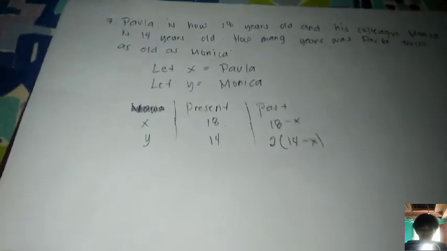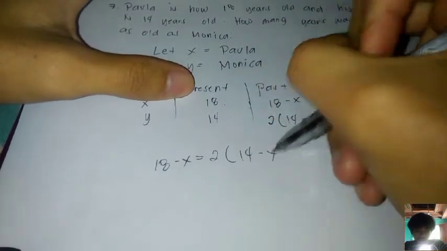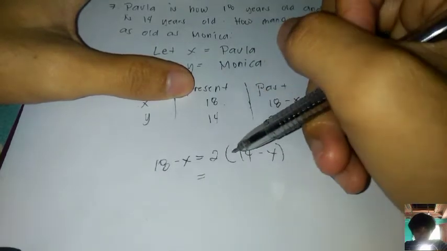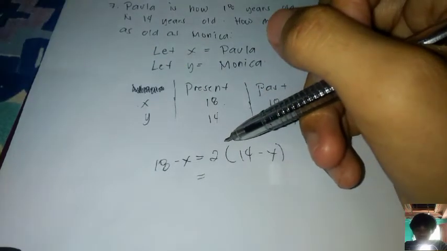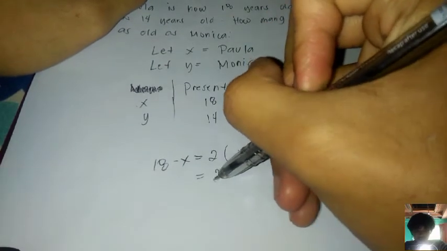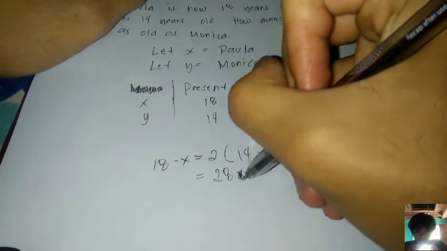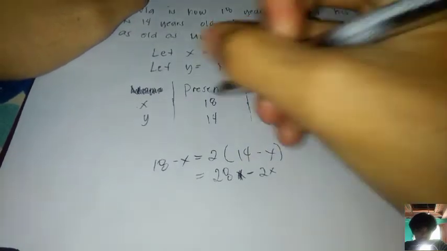So let's solve for the x. For the past, we have 18 minus x equals 2 quantity of 14 minus x. Let's distribute the 2 to the quantity of 14 minus x, so we have 28 minus 2x.